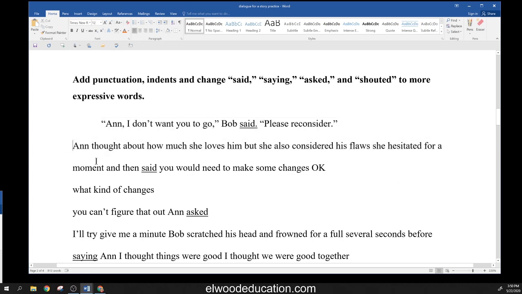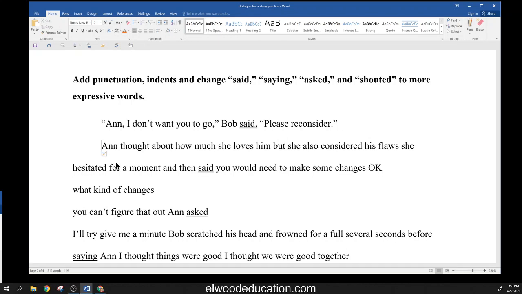The next element is going to be Anne speaking. So I'm going to indent because we have a new speaker. Anne thought about how much she loves him, but she also considered his flaws. She hesitated for a moment and then said, so we have the announcement of the speaker preceding the dialogue section.